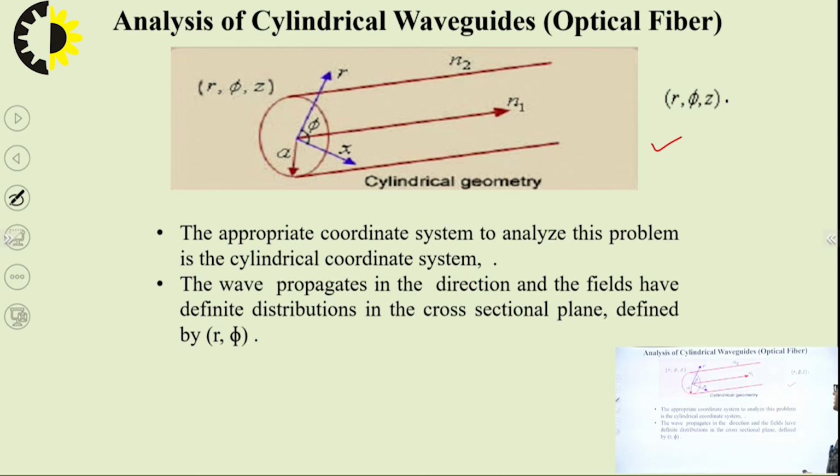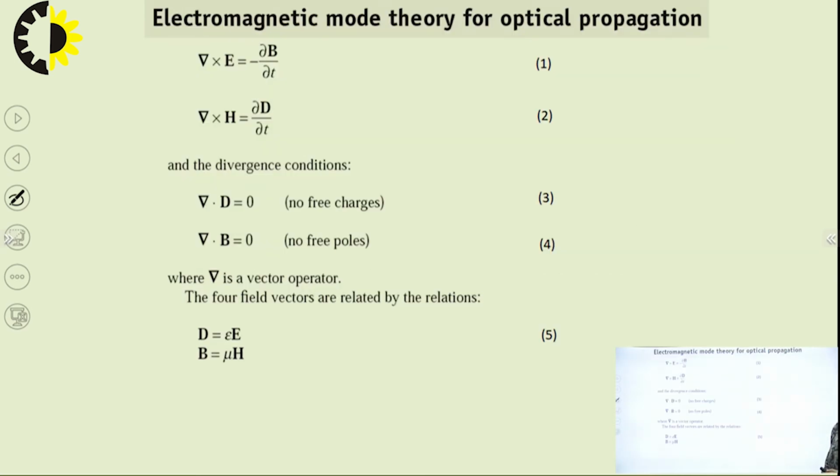So the appropriate coordinate system to analyze this problem is the cylindrical coordinate system, and the wave propagates in the z direction and the fields have definite distribution in the cross sectional plane defined by r and phi. We are all familiar with the Maxwell equations, that means curl of E equals minus del B by del t.